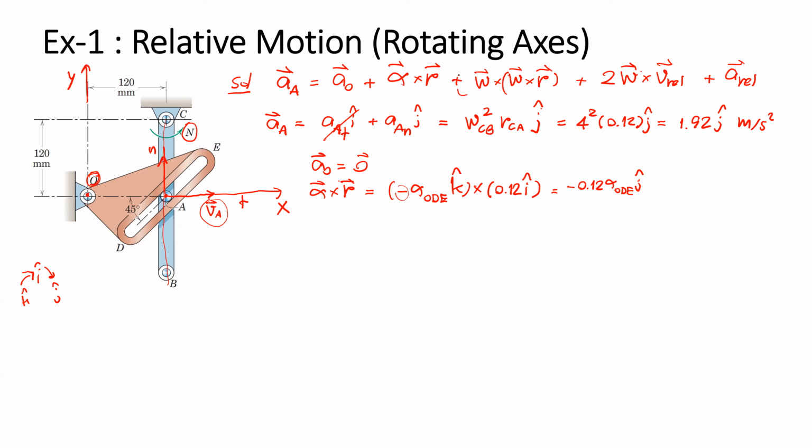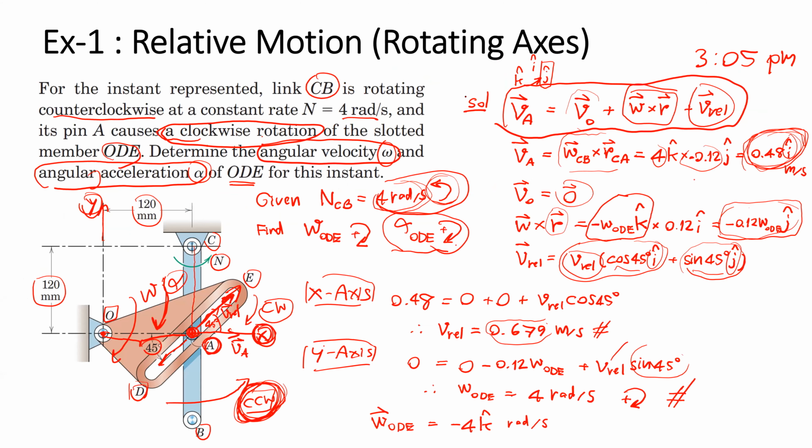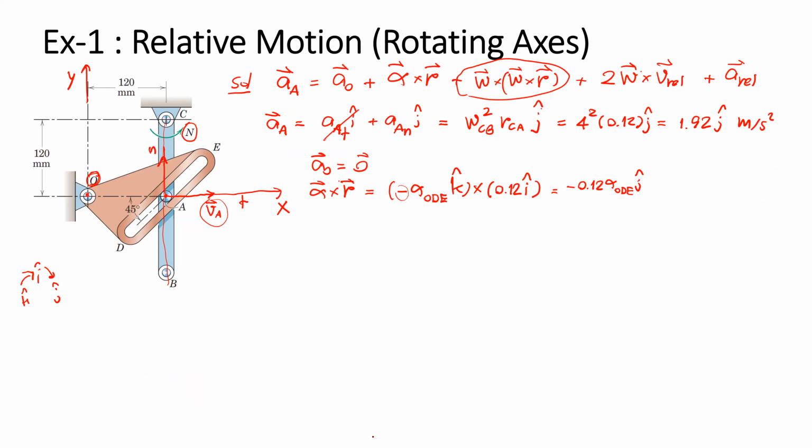How about the third term, omega cross omega cross r? Do you still remember the omega of OD? Omega is minus 4k.